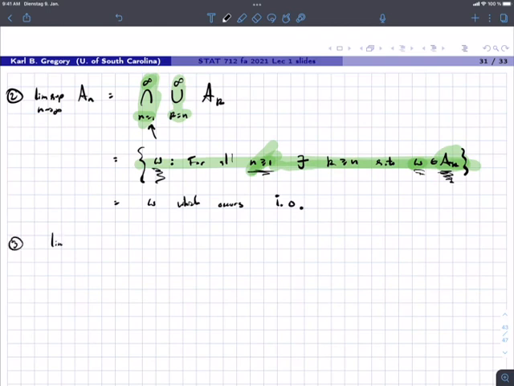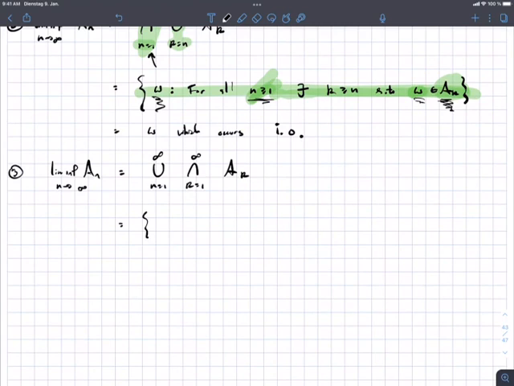This lim inf of A_n is union intersection, k equals 1 to infinity A_k.